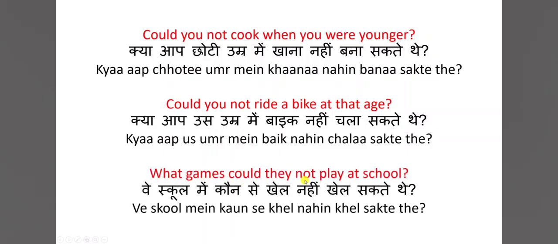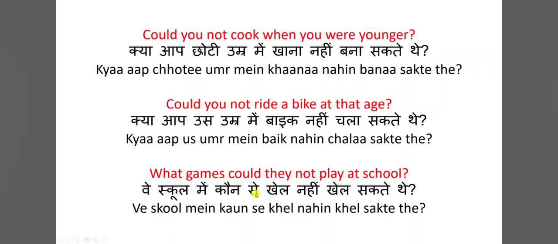What games could they not play at school? वे स्कूल में कौन से खेल नहीं खेल सकते थे? वे is they, school is school, में is at, कौन से is what.